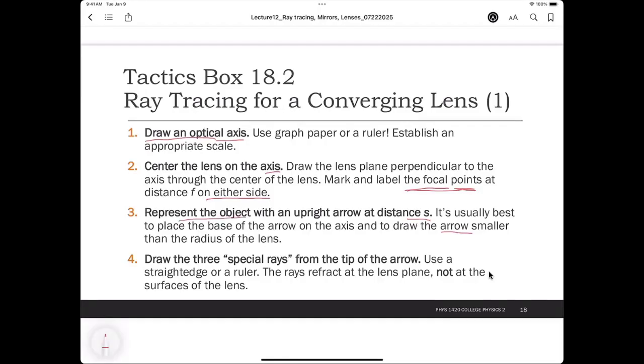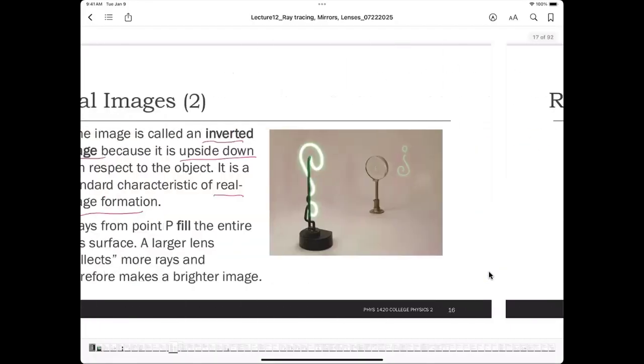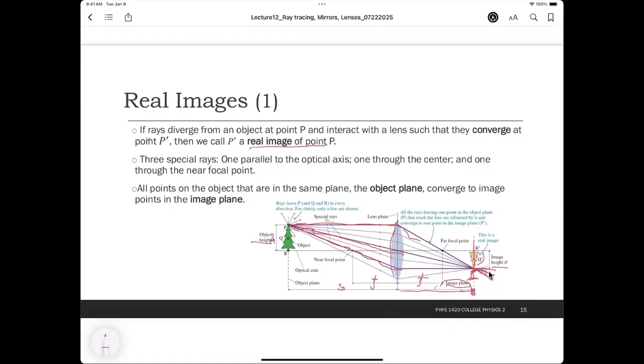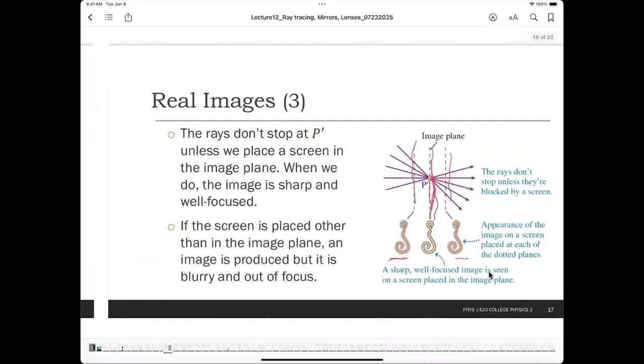In this drawing, you can label every detail. This is the object, this is the near focal point, this is the far focal point, and this is the image plane. This is the image distance, this is the image height, and this is the object height. You can label everything you want.